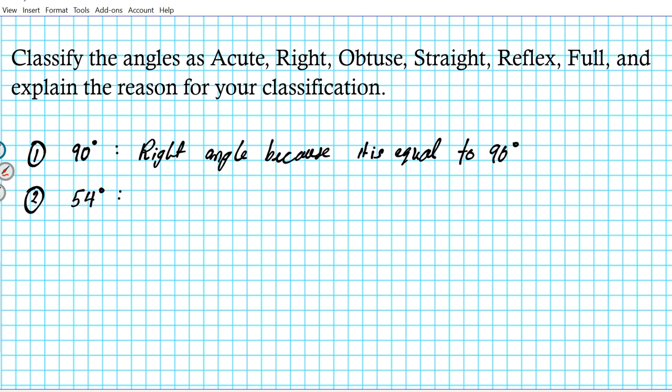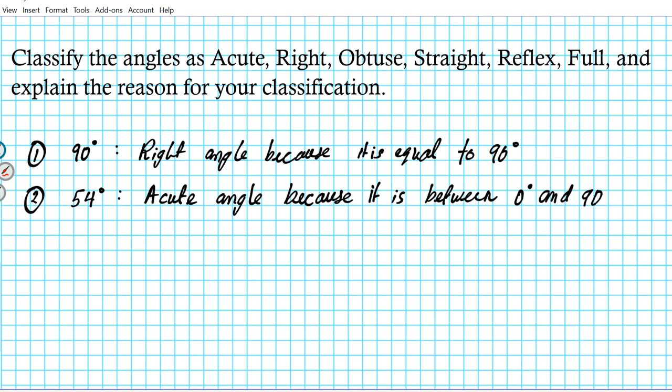What kind of angle is this? 54 degrees is an acute angle, okay? How do you know it's an acute angle? Well, all acute angles are between 0 and 90 degrees. So it's an acute angle because it is between 0 degrees and 90 degrees.